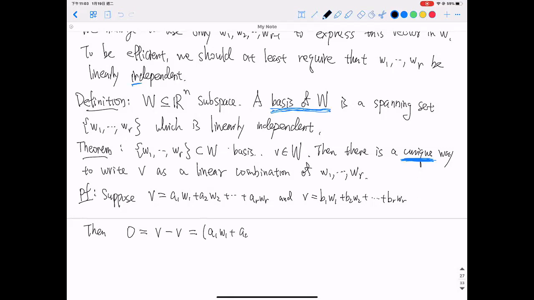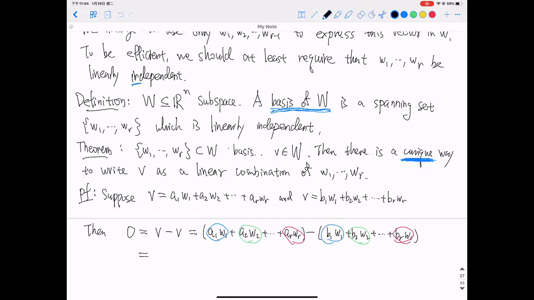What we're going to do is, in fact, subtract one linear combination from the other, and then do what we usually do, that is collect terms proportional to the same vector, W1 and W2, and likewise WR.